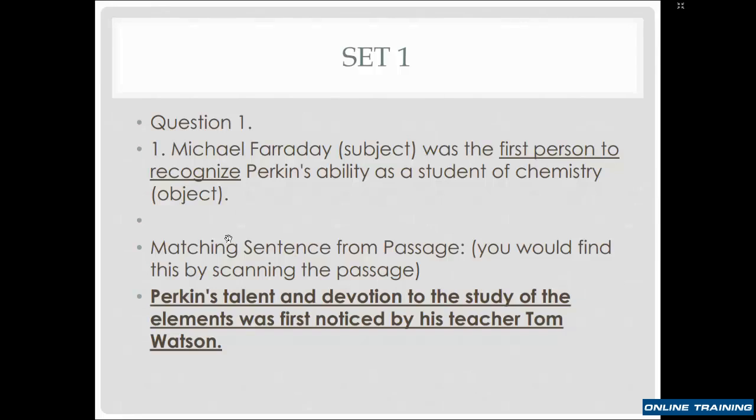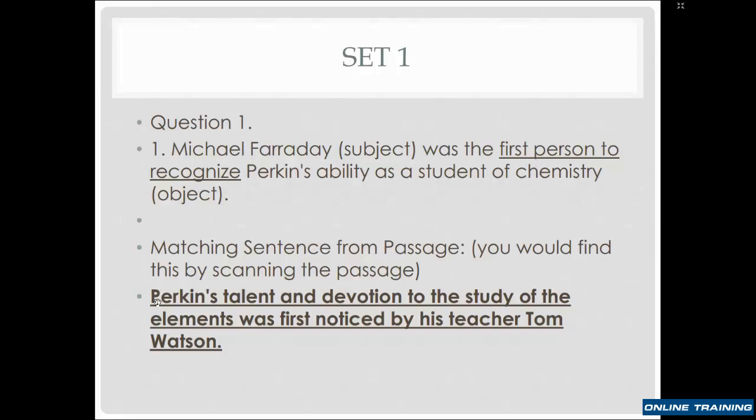All right, so the question says Michael Faraday was the first person to recognize Perkins' ability as a student of chemistry. Sometimes when you look at a question, you can almost tell what they're going to be focusing on. The real focus here is: was he the first person to recognize his ability?